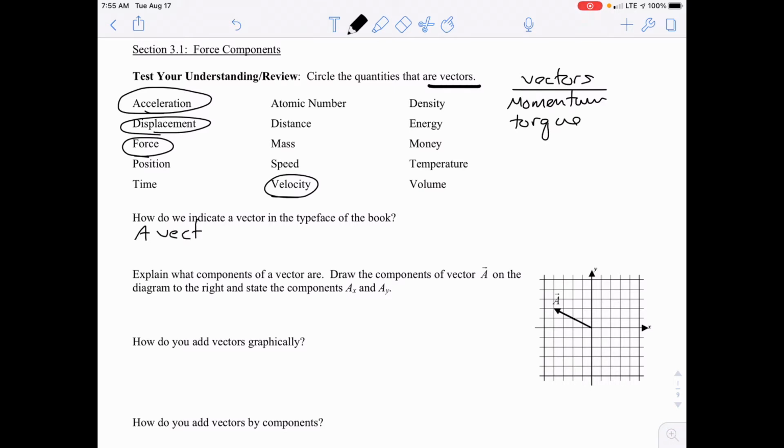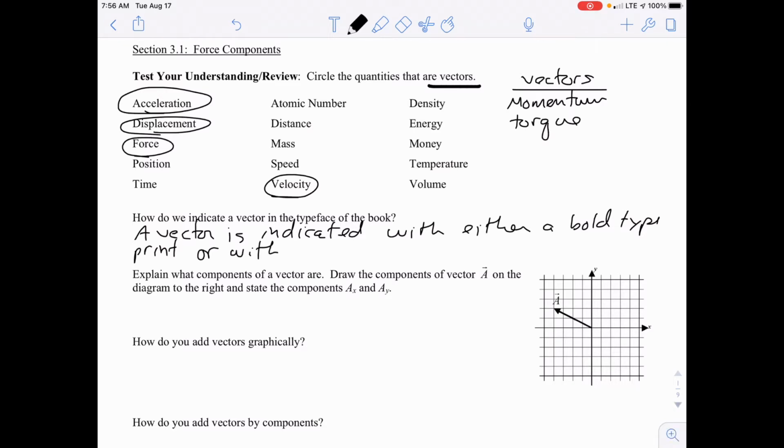A vector is indicated with either a bold type print or with an arrow over the variable. Just like this. Vector A, right, has a little arrow right on top of it.